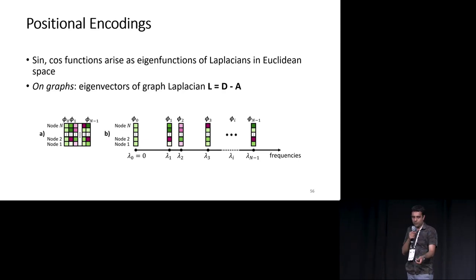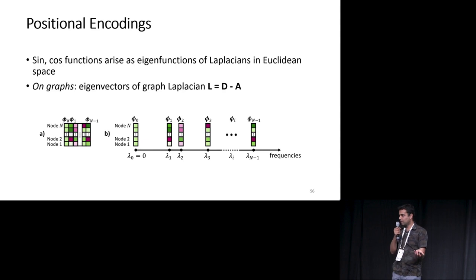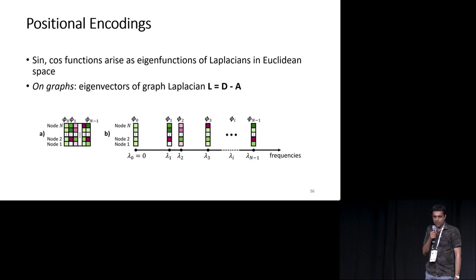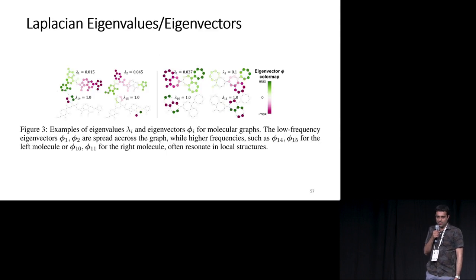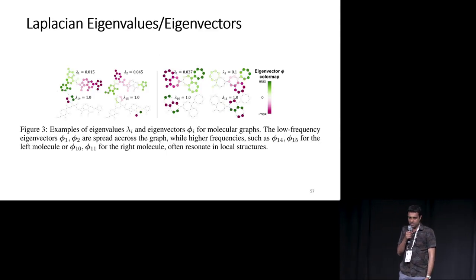On graphs, we can kind of generalize this notion where we look at the graph Laplacian. So this is a well-studied quantity in spectral graph theory. And it turns out you can derive positional encodings by taking some number of the top eigenvectors and using these as positional encodings.